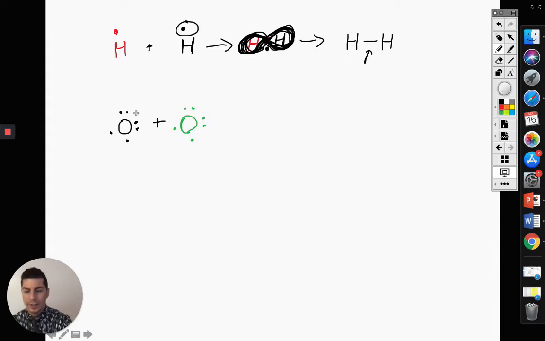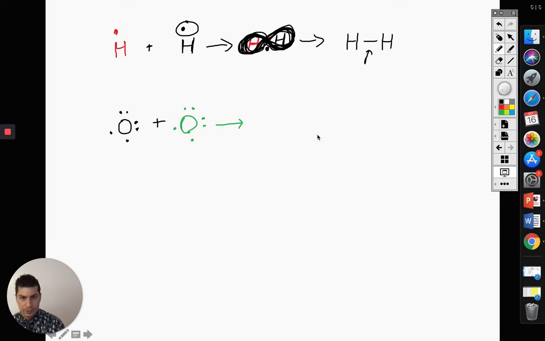So we have 2 areas that are non-bonding. On both of them I have them represented on the top and the right. And then we have 2 areas that are bonding. So here's what we're going to do. Let's make a single bond first. So we'll come over here and make our single bond. Start off with the black oxygen.